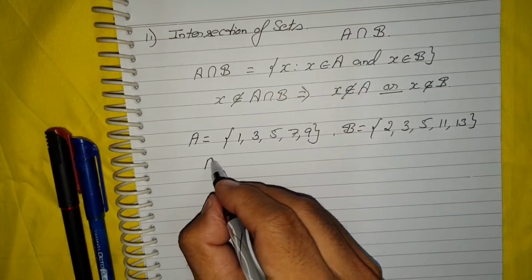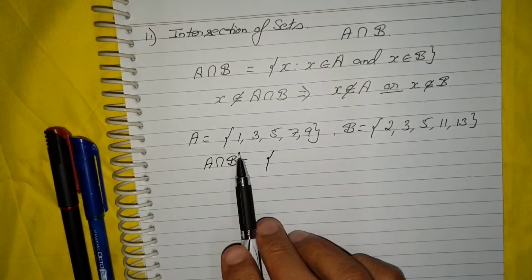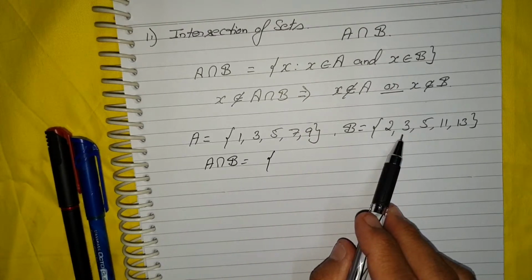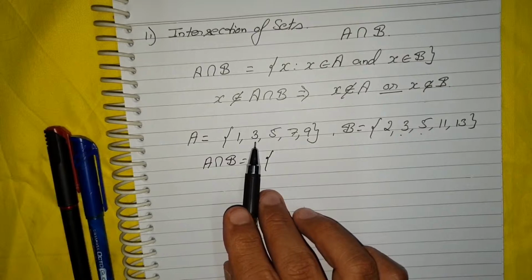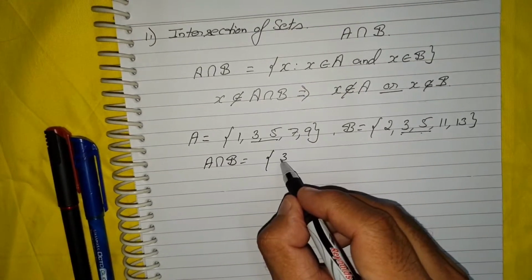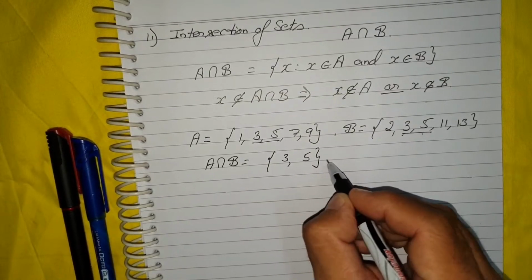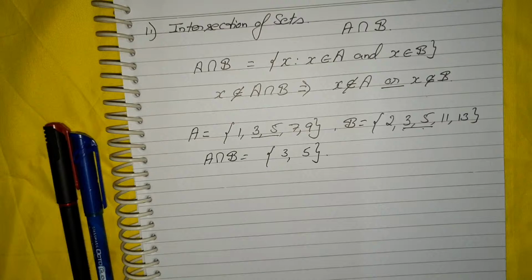So what is A intersection B? What is common in these? You can see 3 and 5. A intersection B is {3, 5}. This is how we write the intersection.